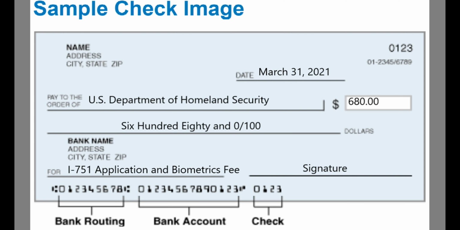There is complete guidance on how to fill out the check properly that you will easily find on the USCIS website, which I will also put the link to down below.